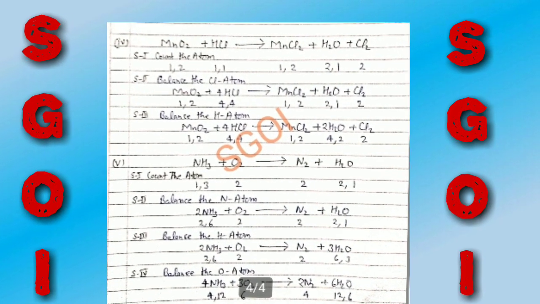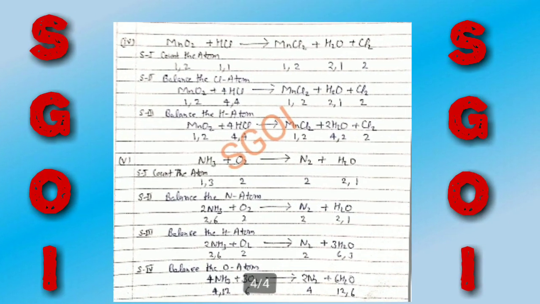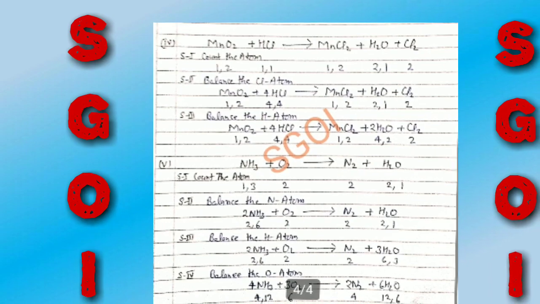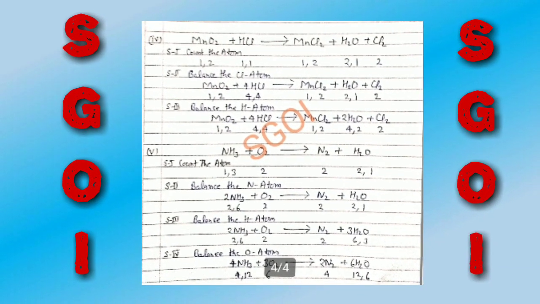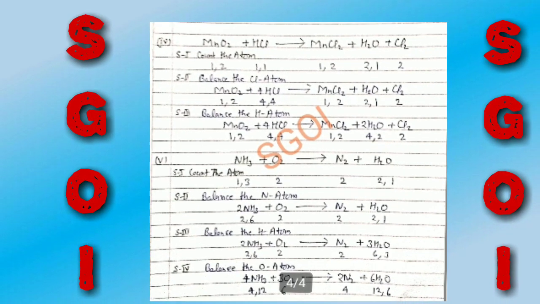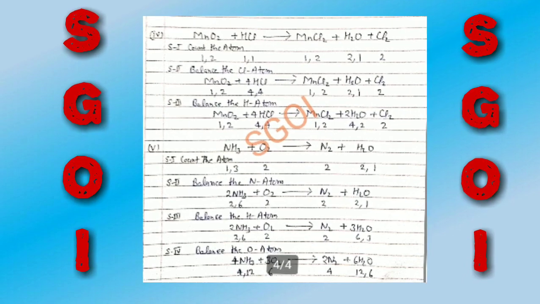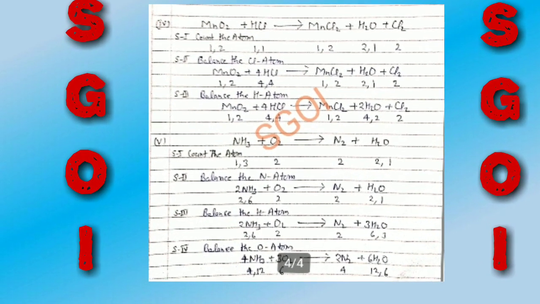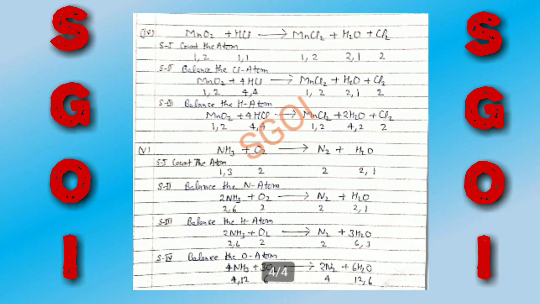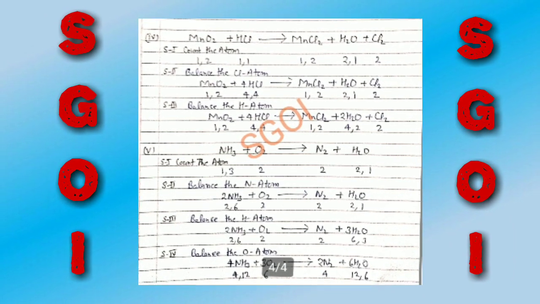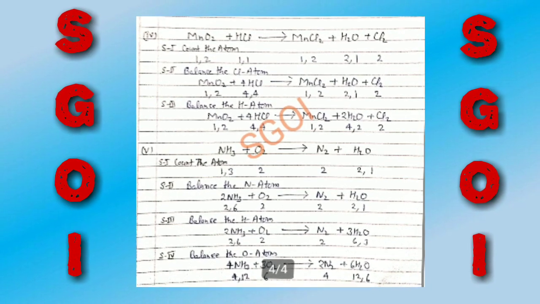Now balance the oxygen atom. On the reactant side oxygen is 2 and on the product side oxygen is 3. So we multiply by a suitable number on both sides. That's why all the atoms are balanced. What can I do? 4 in NH3, 3 in O2, 2 in N2 and 6 in water.